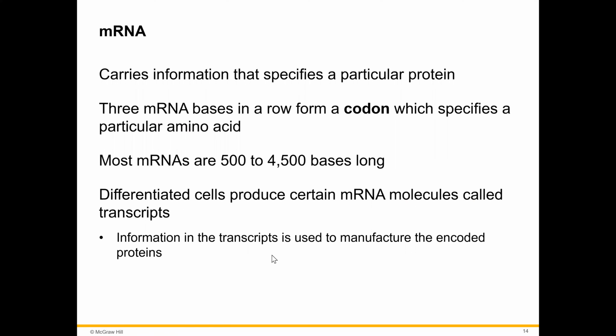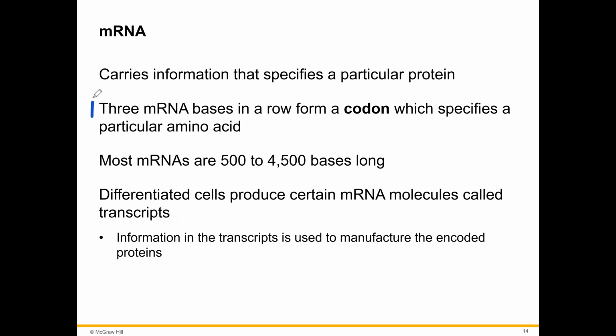So here we already mentioned that we have different types of RNA. One of them is mRNA that carries information that specifies a specific protein. Three mRNA bases in a row form a codon which specifies a particular amino acid.